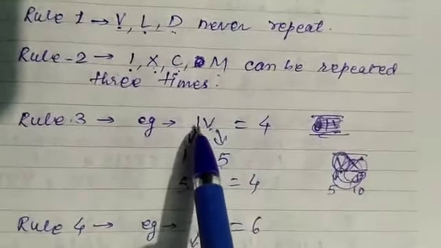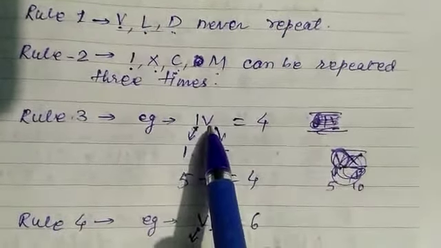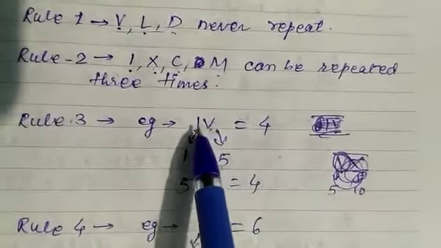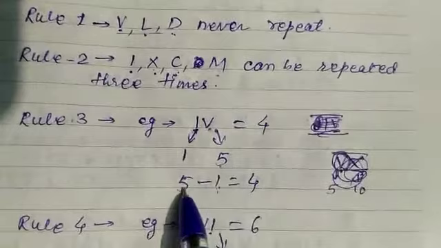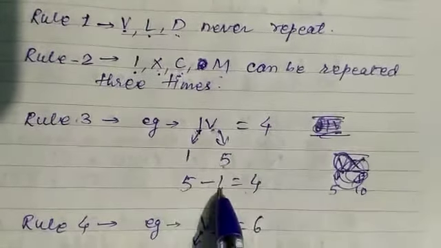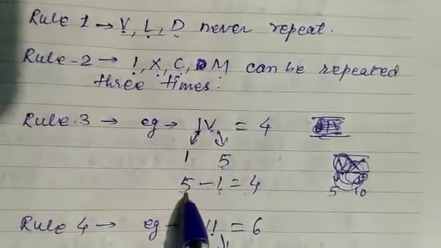Then we will subtract the smaller number from the greater number, as you can see here. This is the greatest, this is the smallest. I am subtracting the smallest from the greatest.